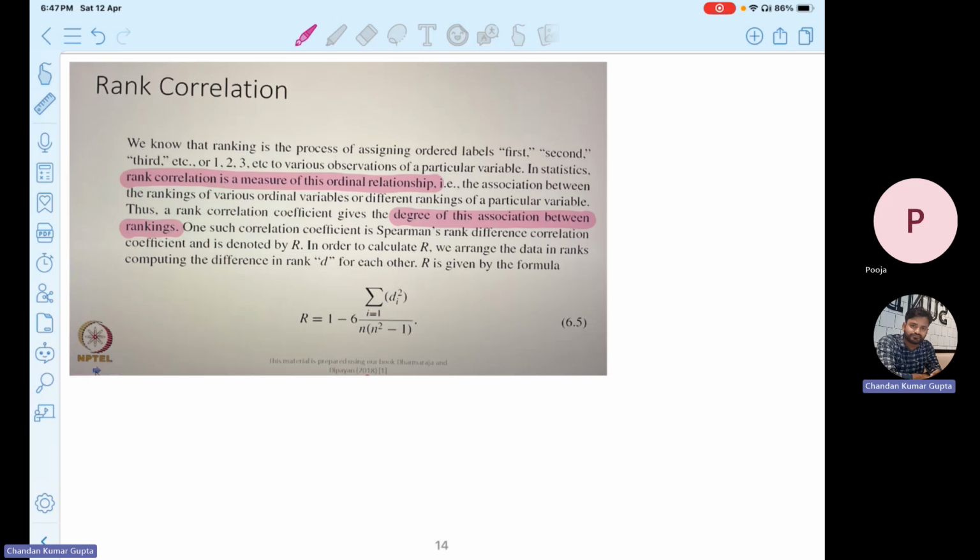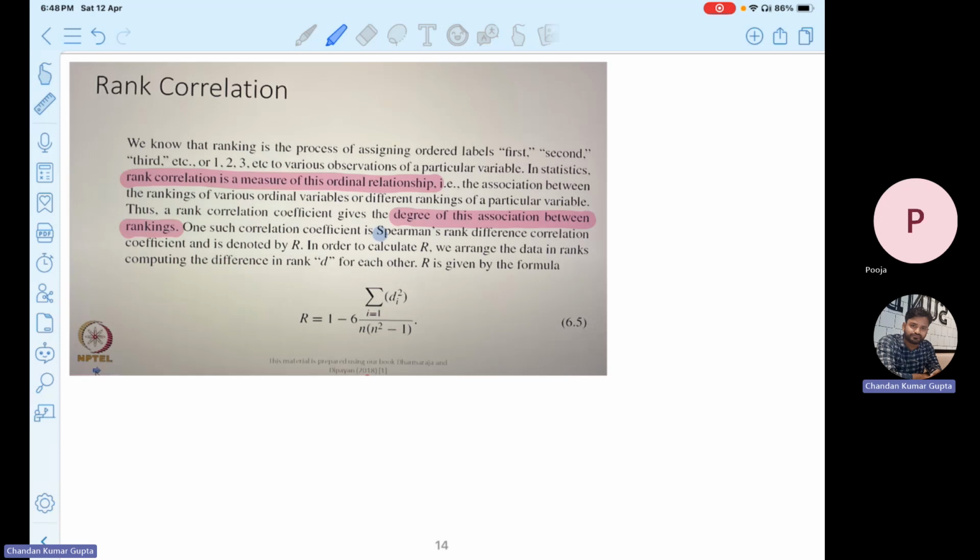But here the rank correlation is mainly used for the ordinal relationship, and it measures the degree of association between the rankings of the random samples, the degree of correlation between the rankings of those random variables. One such correlation coefficient is Spearman's correlation coefficient.